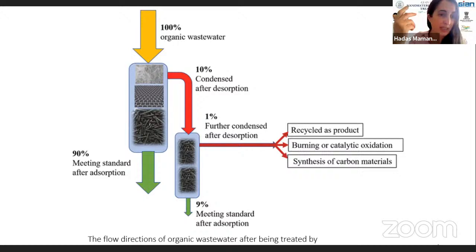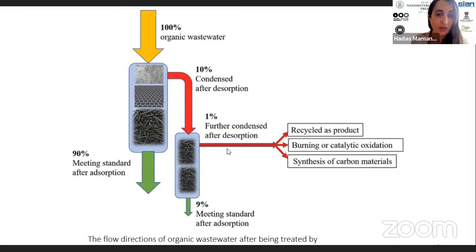So after comprehensive evaluation of carbon nanomaterials-based absorbents, the concentration factor could be 10 to 20 times after one stage absorption-desorption process, which means that here we have 100% organic wastewater, and here we have the different materials, we can meet the standard after adsorption.